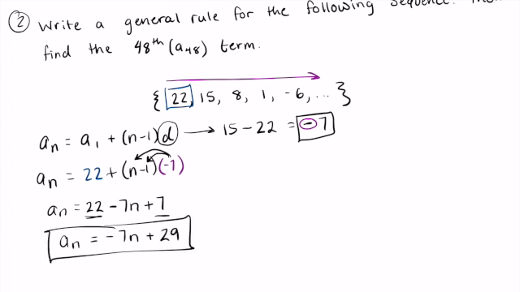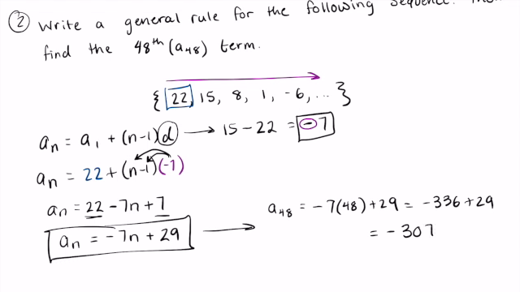I can now use this formula to find my 48th term. So I say a sub 48, because that means my 48th term, equals negative 7 times 48 plus 29. We know that negative 7 times 48 gives us negative 336, plus 29 gives us a final answer of negative 307 as my 48th term.